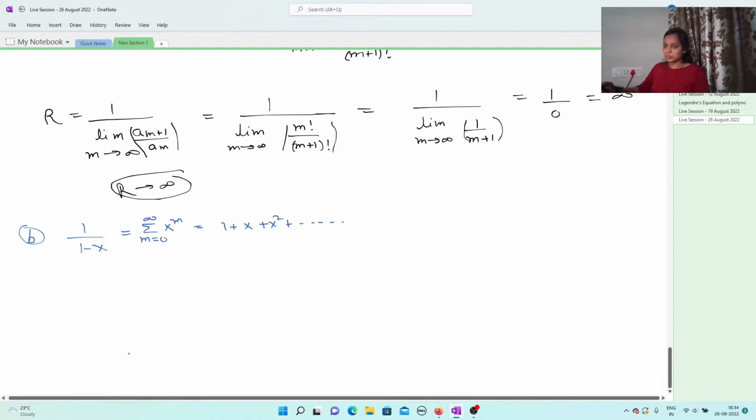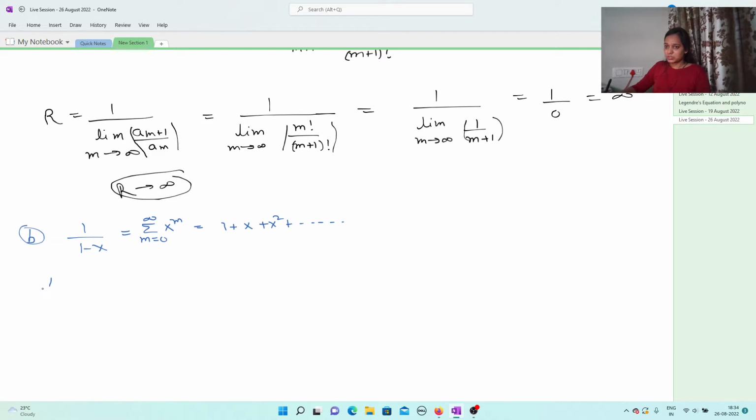Now similarly for 1 over 1 minus x, if we write it in the series form, what are the values of the coefficients? In this case, the coefficients are 1. So all the coefficients are 1 in this case.